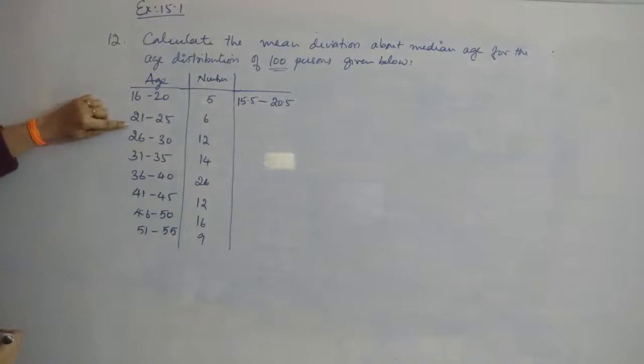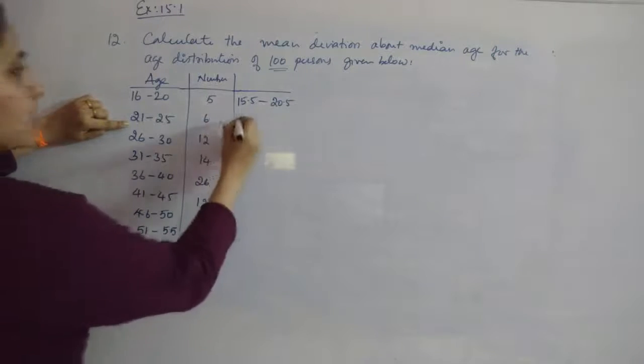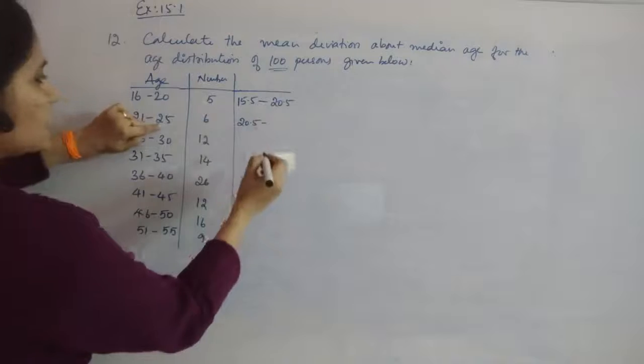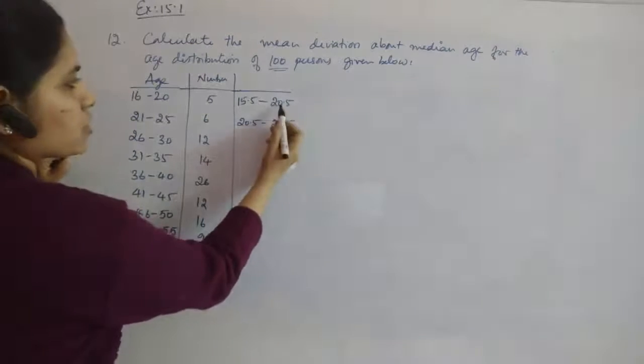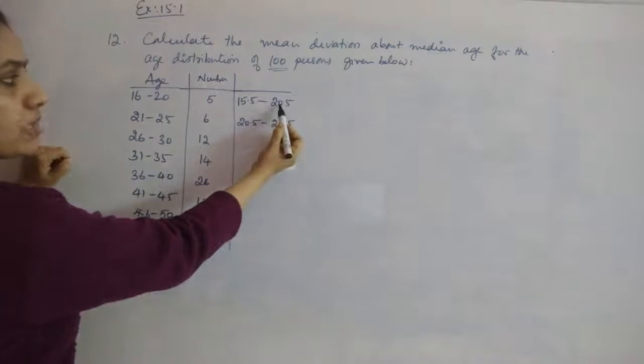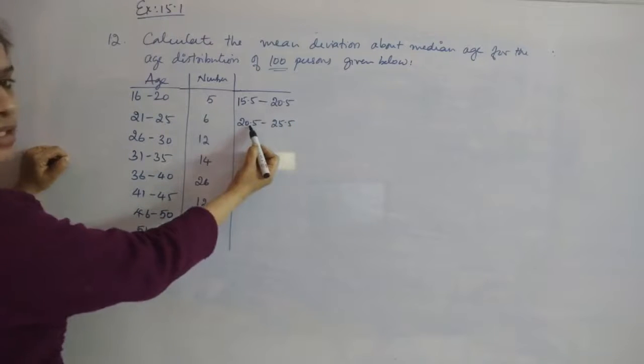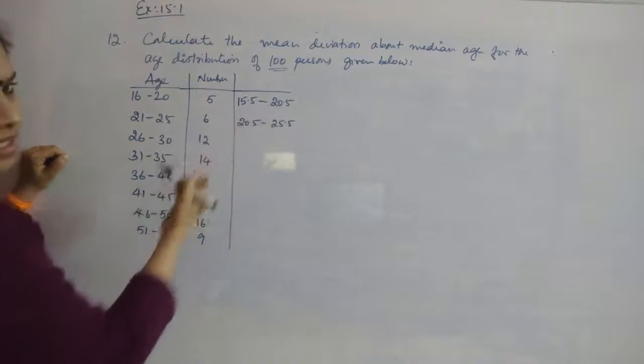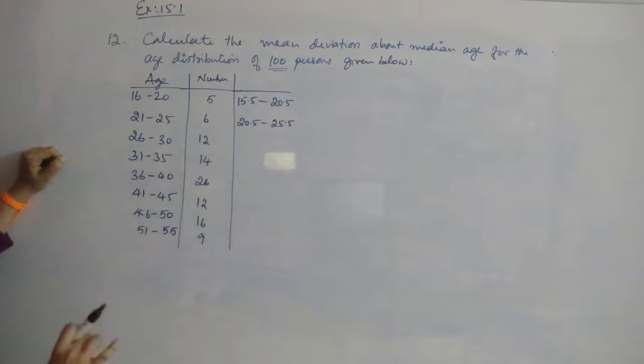When you do the same for the next one, you will have 20.5 and 25.5. You can see that the upper limit of the above class and the lower limit of the next class are the same. So this makes the data continuous.